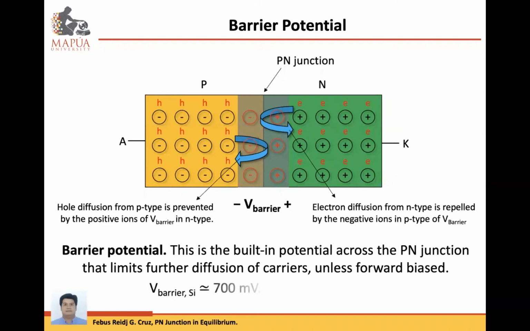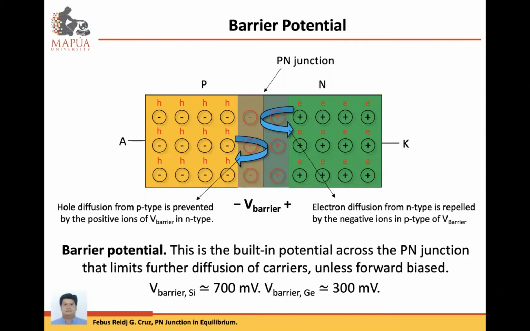Okay, so we continue. So for silicon material, the typical, so again, typical lang yan, hindi yan laging 700 millivolts. So the value of the barrier potential of silicon is around 700 millivolts. So later on, when we do problem solving, you will notice na pwedeng maging around 600 millivolts or sometimes pwedeng umakyat ng 800 millivolts.